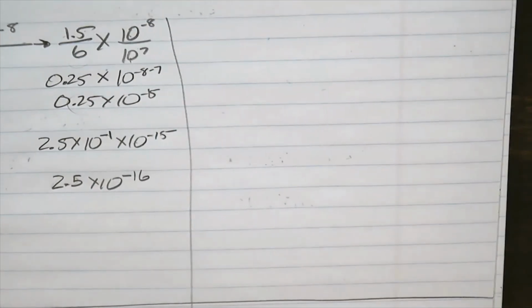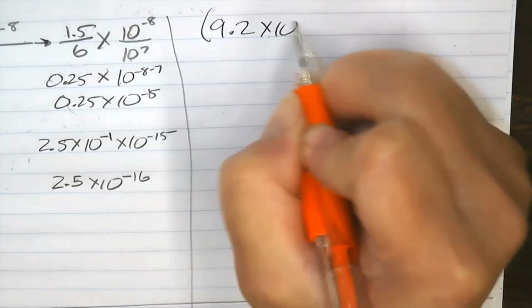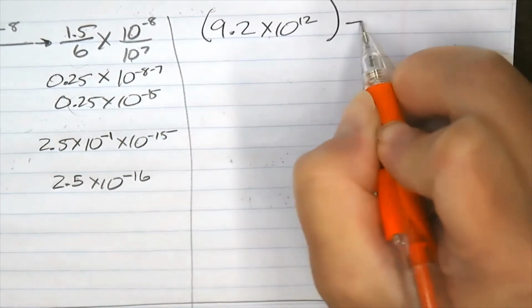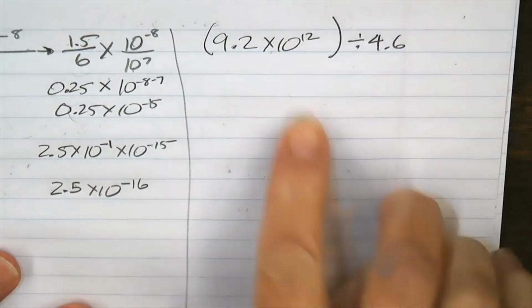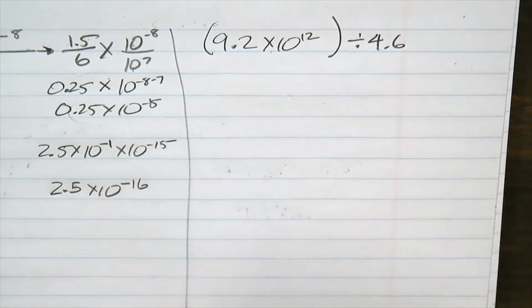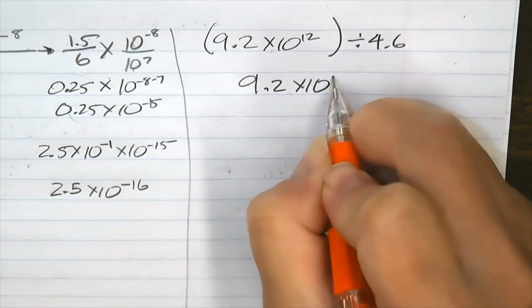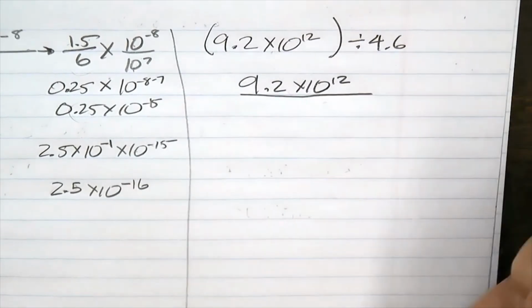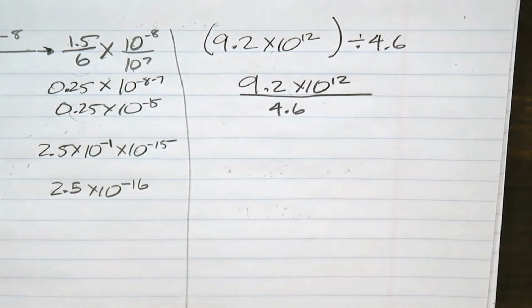Okay, let's take a look at another example. We have 9.2 times 10 to the 12th power divided by 4.6. So here again, I'm going to rewrite this so that it's easier to work with. 9.2 times 10 to the 12th divided by 4.6.